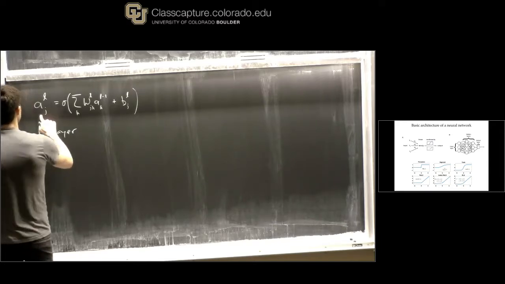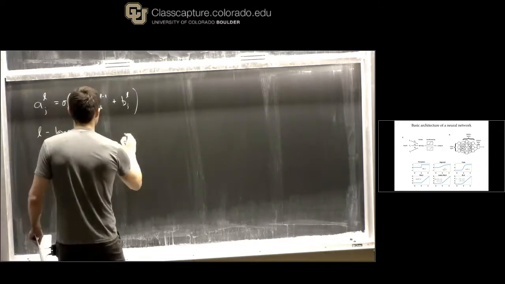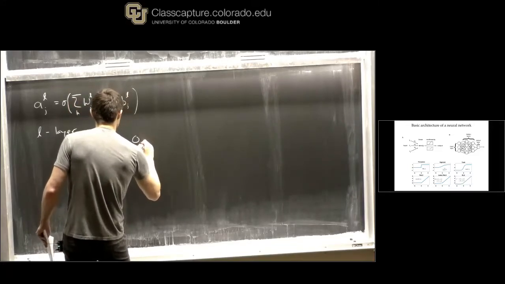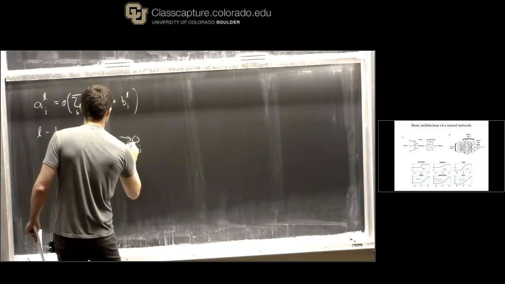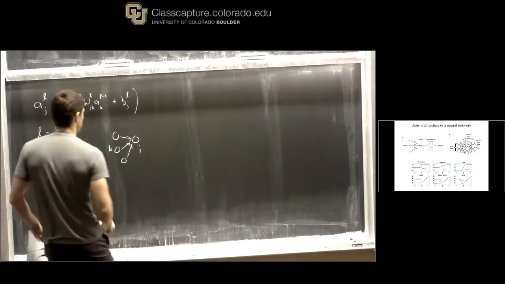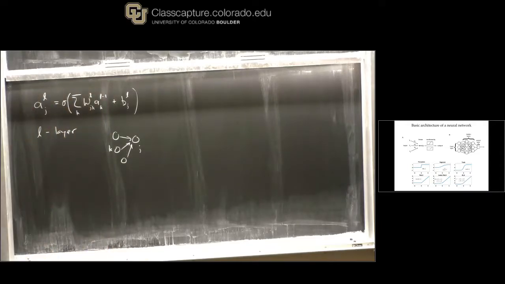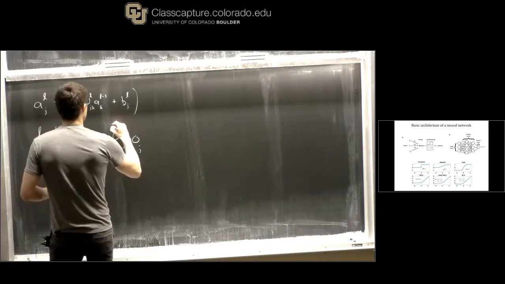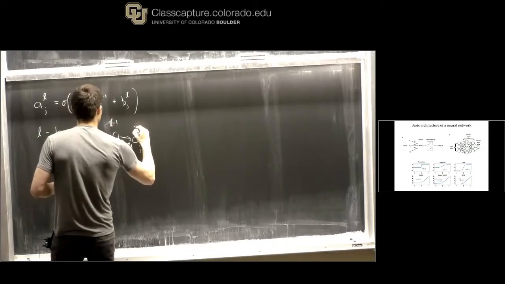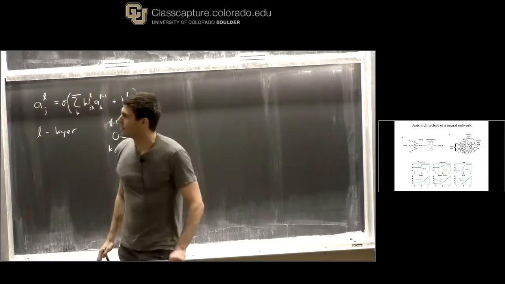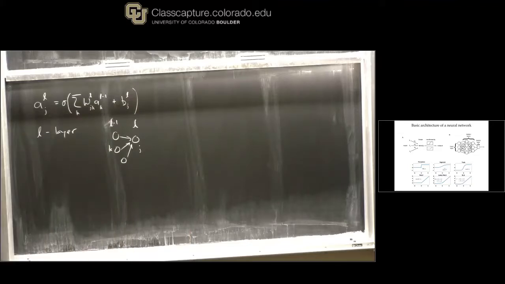J is, if I draw a diagram, this is neuron J in the Lth layer, and it has a bunch of inputs from other neurons that are neuron K. And this W is going to be the weights into layer L. Sigma is just going to be any choice of one of these nonlinearities.